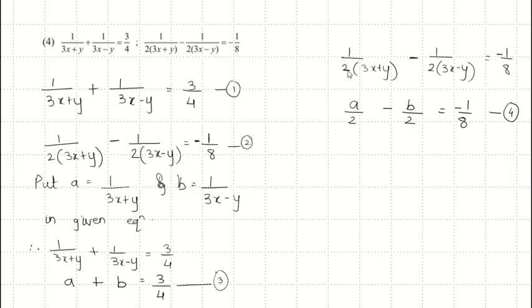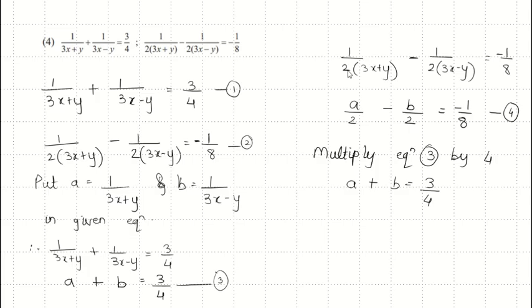Now what we will do is multiply equation number 3 by 4. This is equation number 3 and we have 4 in the denominator. So we will multiply equation 3 by 4. Equation number 3 is a plus b is equal to 3 upon 4.